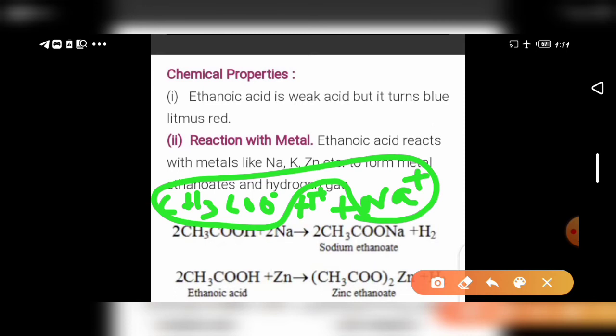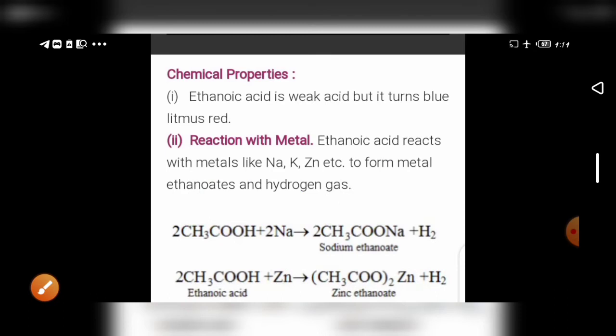So CH3COONa plus H2. Here the zinc valency is Zn2 plus. Cross multiplying, you get (CH3COO)2Zn plus liberation of H2 gas. So ethanoic acid reacts with metals like sodium, potassium, zinc to form metal ethanoates with the liberation of hydrogen gas.